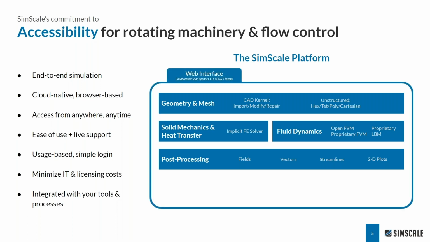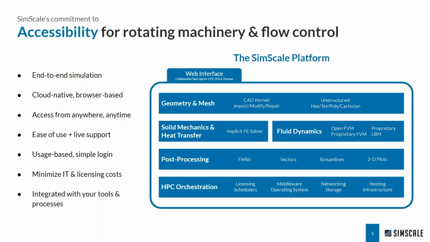And underneath this all, we have the infrastructure that takes care of all the data management requirements, IT, and licensing arrangements, also offering usage-based licensing. And this is packaged within a web interface that can be accessed simply through a web browser, making it truly accessible from anywhere, at any time, and at any scale.